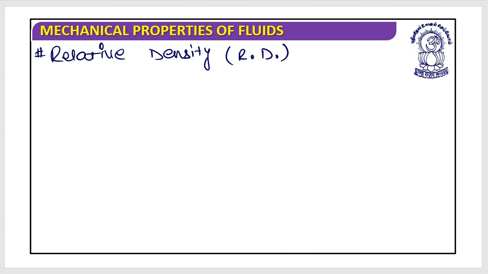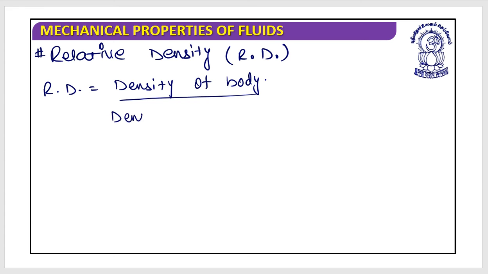What is it? When I say relative density, we call it the density of a body divided by the density of water at 4 degrees Celsius. Why at 4 degrees Celsius?